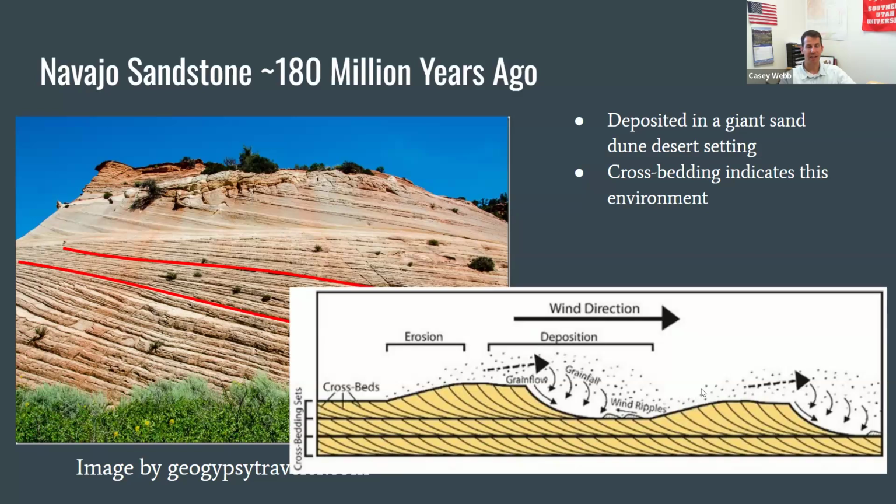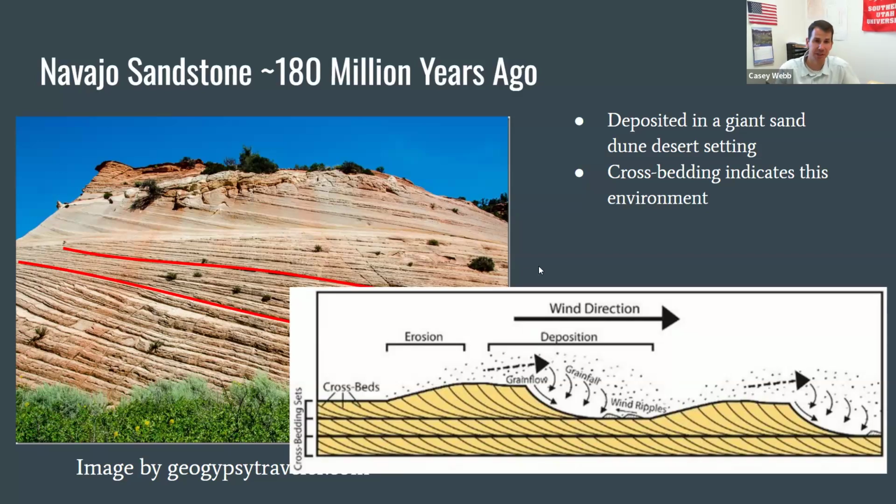All right. So if you were to go to a modern sand dune and cut it in half with a backhoe, that sounds like a lot of fun, you would see a pattern a lot like the pattern we see in this image. That would be cross-bed sets within a sand dune, which is why we interpret the Navajo sandstone to be deposited in an ancient sand dune desert.